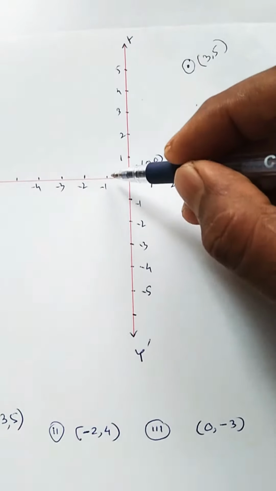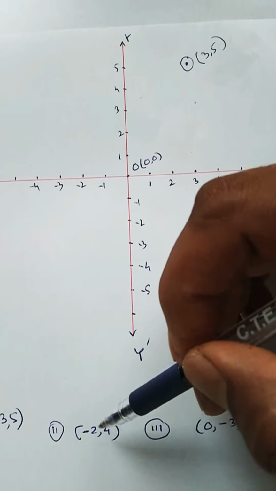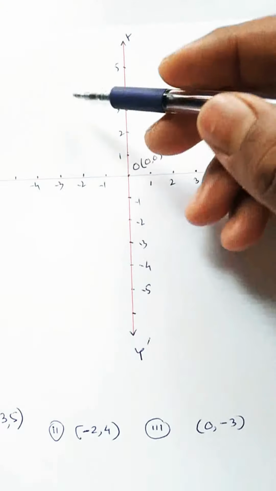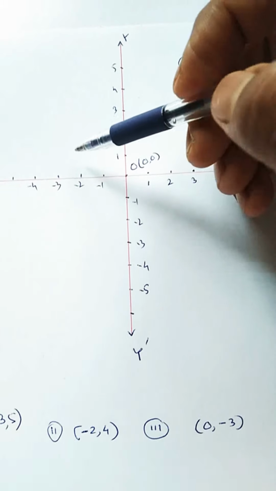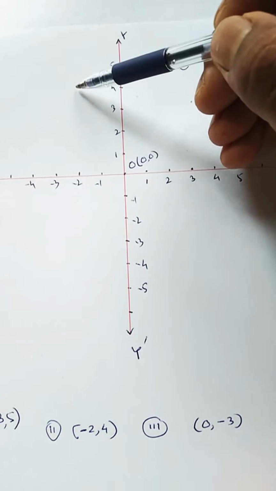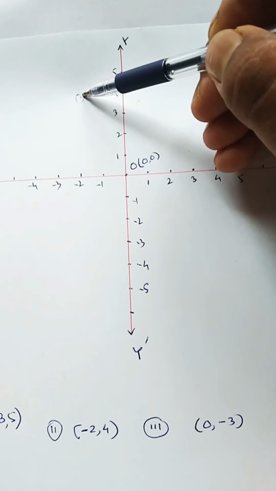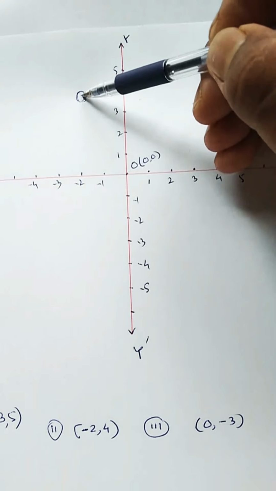So from here minus 1, minus 2. So minus 2 is over. Next we'll have to move for 4. Plus 4 means we'll have to go above from minus 2. So minus 1, minus 2 and plus 4 will go above till here. So this will be our location of minus 2, plus 4.